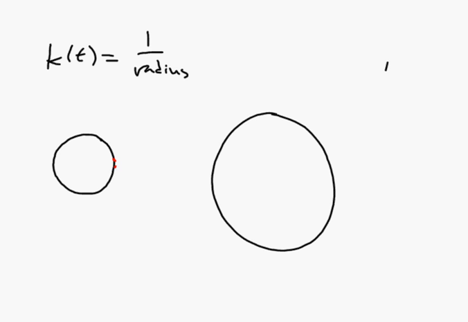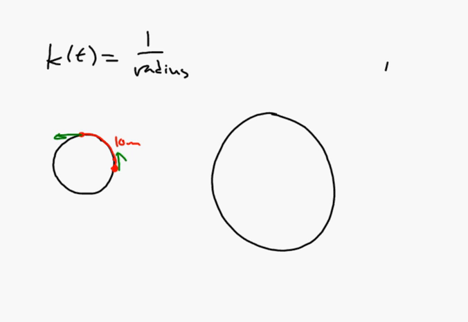If you went this distance along the circle, whatever that is, let's say that's a distance of 10 meters, it looks like our tangent vector has changed quite a bit. Our tangent vector started out like that, and now it's pointing this way.